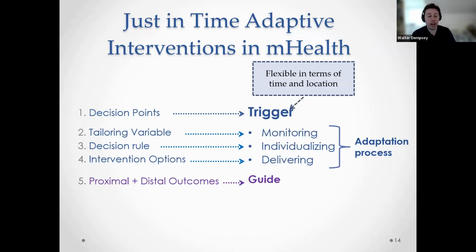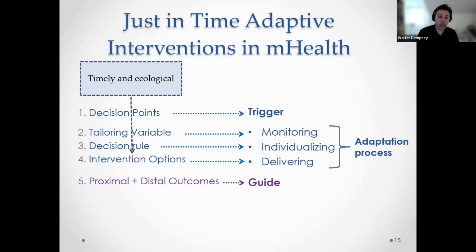It also means that we have to have decision points that trigger in a more flexible way, both in terms of time and location, and that our intervention options also need to be timely and ecological. So what I want you to think about when you're connecting AIs to JEDIs is it's all about time and time scale. The structure of an AI and the structure of a JEDI will have the same 5 elements, the same guiding principles in terms of a distal outcome and a proximal outcome.